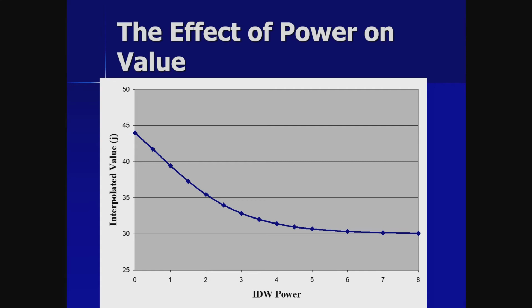I said it wrong, and then I said it wrong again. But as you go out this way, you're weighting the point that's closest more and more, because you're pushing out those other points. Because it's the inverse distance, you're saying that the distance is greater and greater. You're raising the distance to the 8th power, or the 7th power, or the 6th power, and so on.